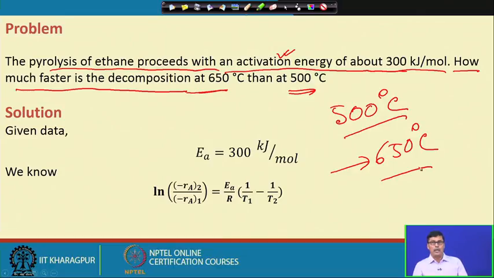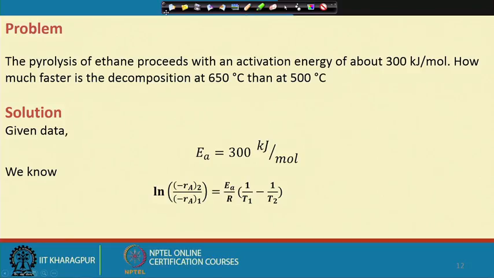I hope that you know what the pyrolysis process is. Pyrolysis is a process where we burn the material in a limited amount of oxygen. Incineration means we give sufficient oxygen for the burning of the material.